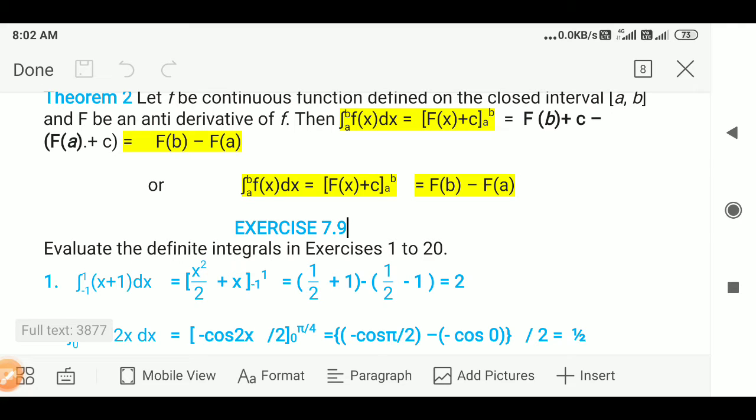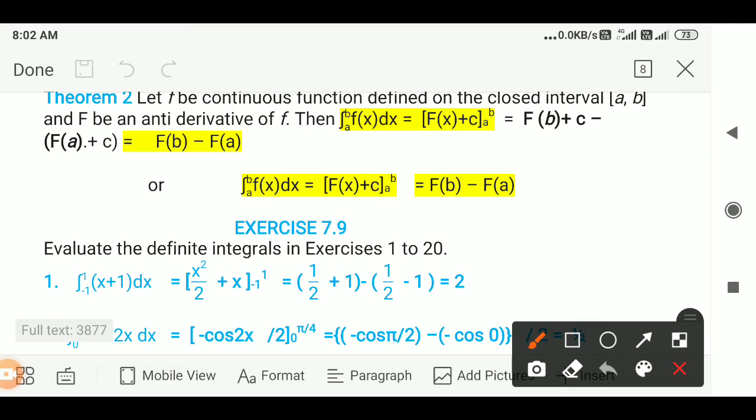You can write it directly without using c, because c will be cancelled out.